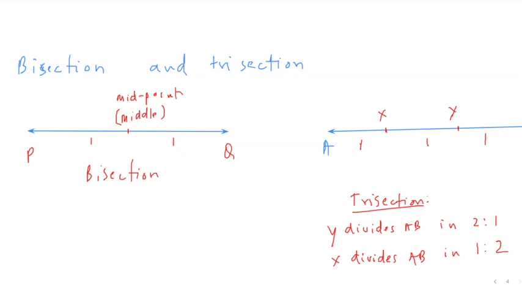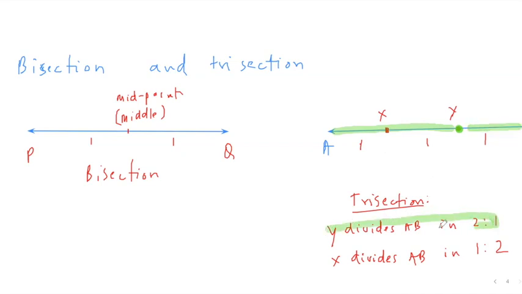You understood this, guys? Bisection, trisection. So could you repeat it once more? Yes, sir. So trisection means X and Y cut AB into 3 equal parts. If I were to make Y the hero of the story, how would Y divide this line AB? Y would divide this line AB as 2:1, right?